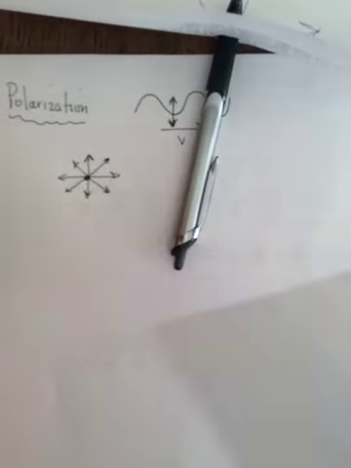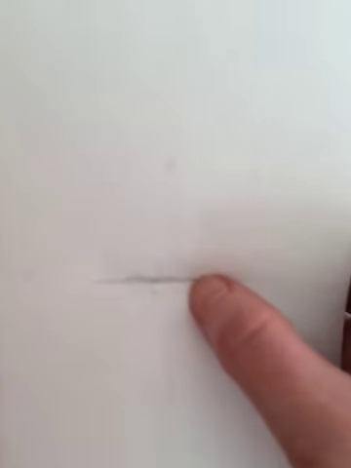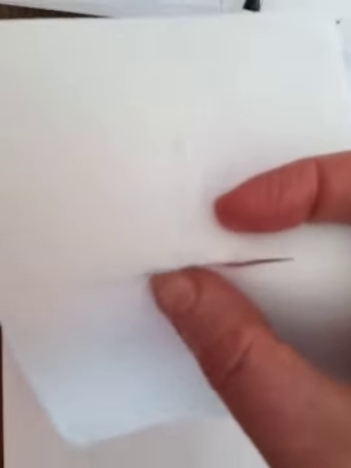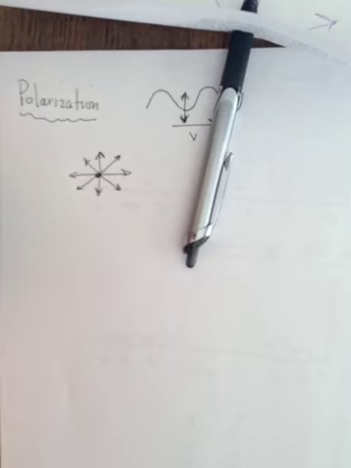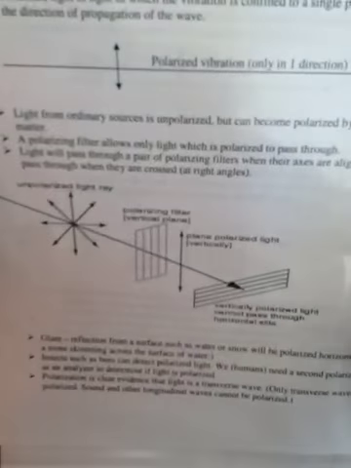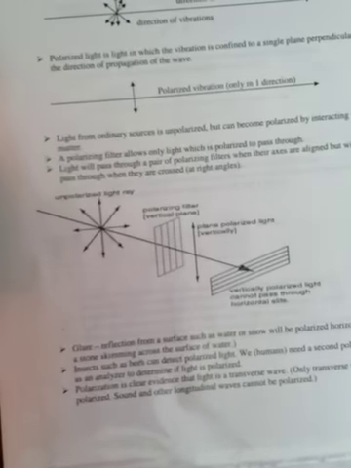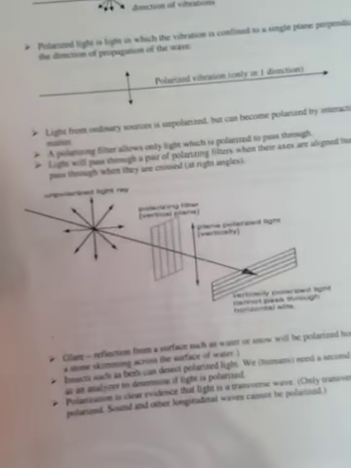And so sunglasses are polarized, just the expensive ones, not the dollar store or Walmart ones, but you can buy polarized sunglasses that let only the light vibrating in the same direction of motion through. If I took a second slit, and maybe the easiest thing to do instead of me trying to do it on this, let me show you in the picture, if I can get my pen out.